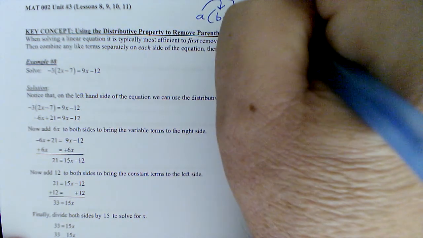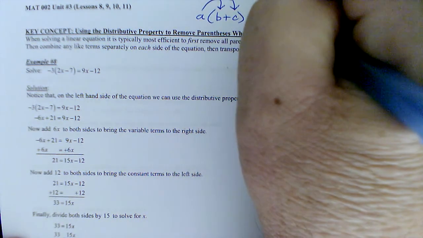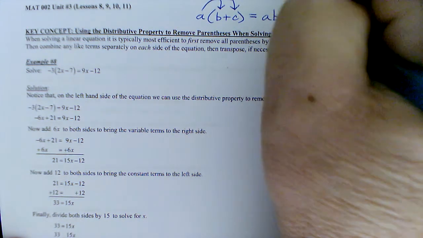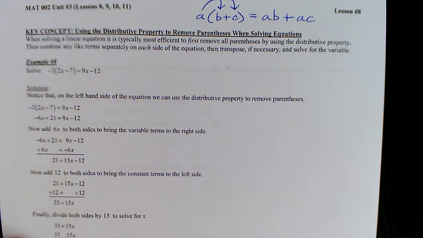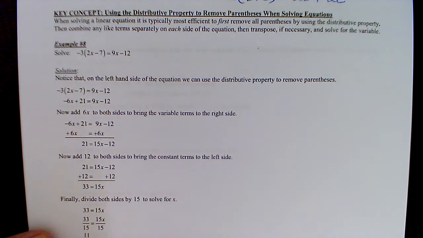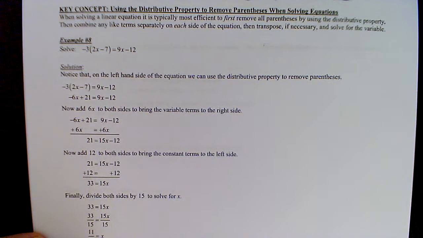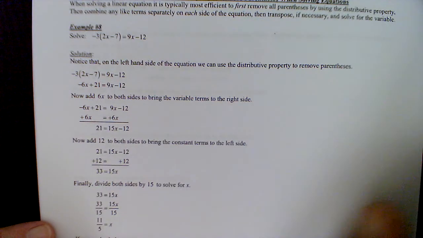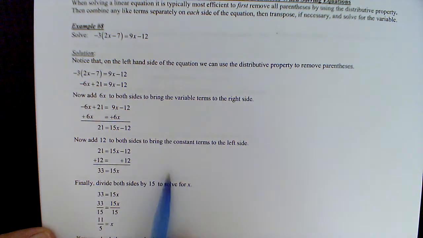So A gets multiplied by B, so we say AB, and then plus A gets multiplied by C, so AC. And so that's the first thing we do, is remove the parentheses if we see them in an equation. And you can follow through the example.